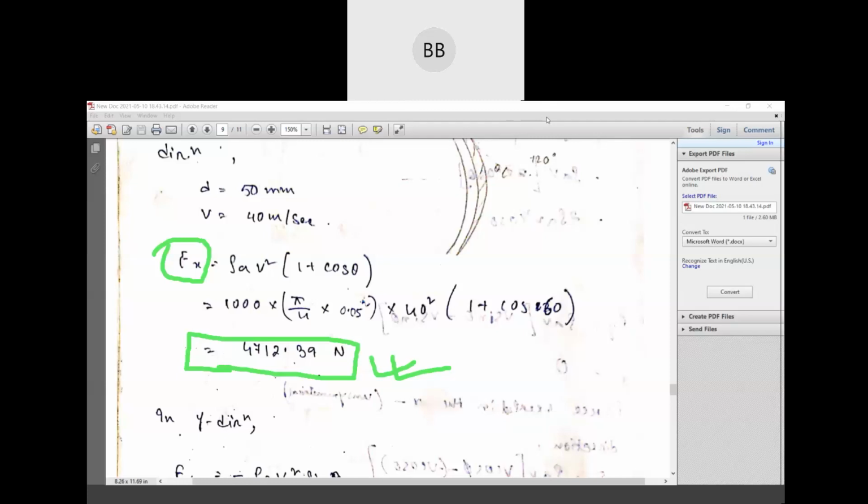How much are you getting? Almost, okay, fine then. The unit will be Newton. When you take kg per meter cube, kg and meter, then your unit will be Newton. Whatever value you are going to get, it will be in Newton. So similarly, kindly find out F of y.